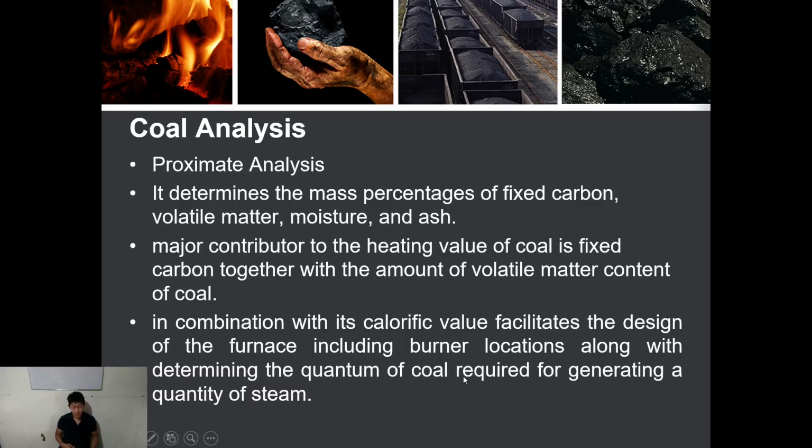So actually, these analyses of your coal, your types of coal, have a significant effect on the design of your boiler and the other components of your plant. You cannot just use any coal. You should determine the source of your coal so you have consistency in your raw materials, because your plant is designed based on that material.